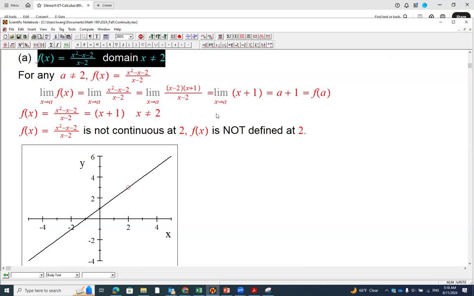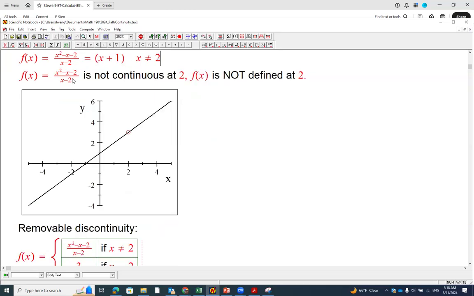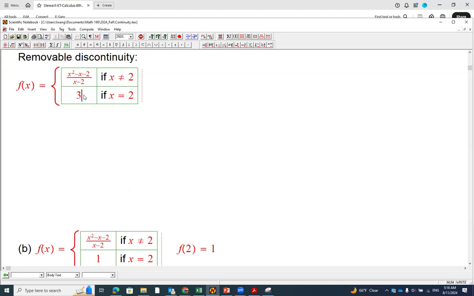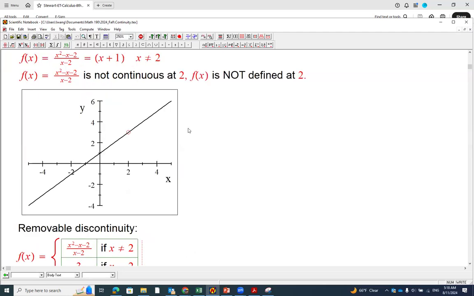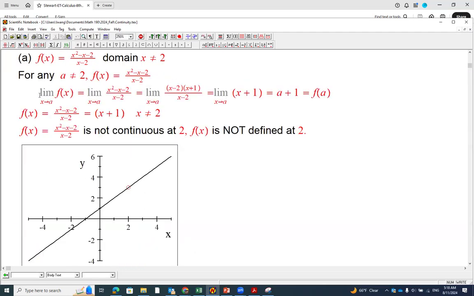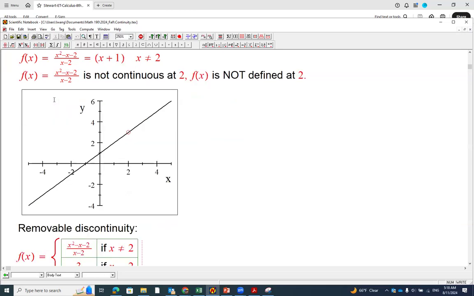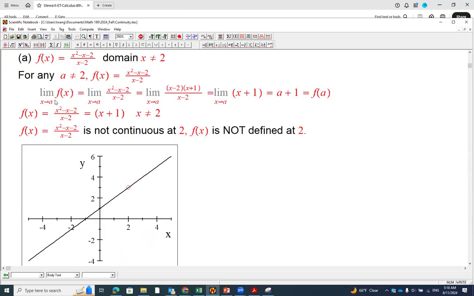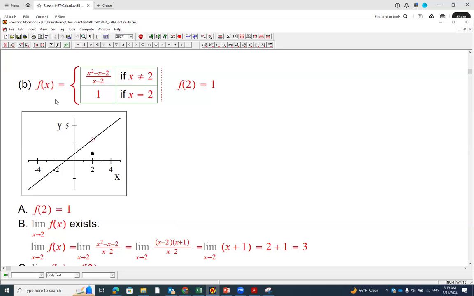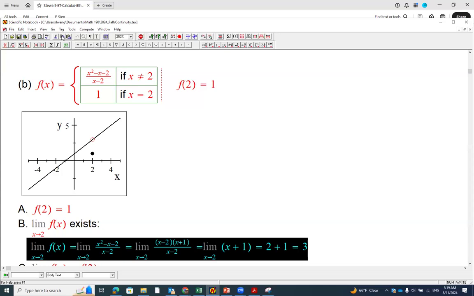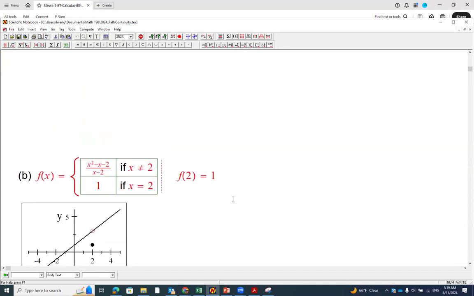How do we know that? Because the only point of discontinuity is 2, and we're going to assign the value. 3 is basically the value, as we can see time and time again. Where did we write that? For B, we got the limit.